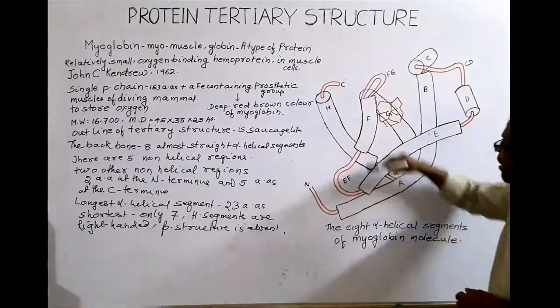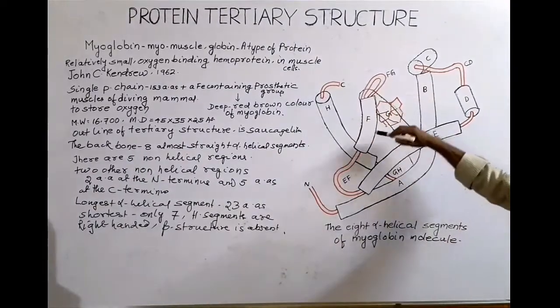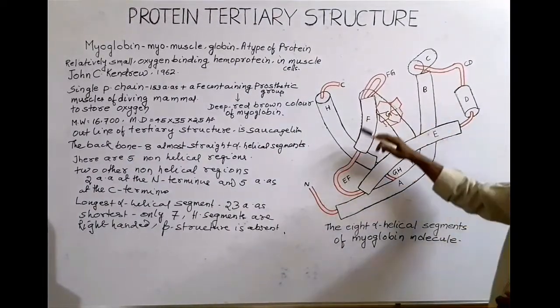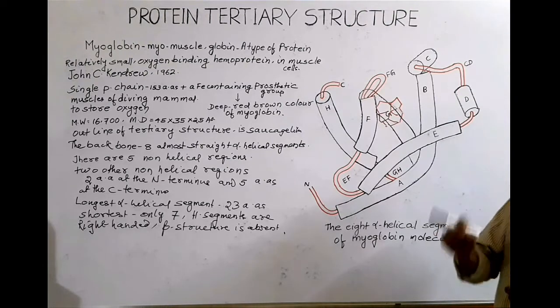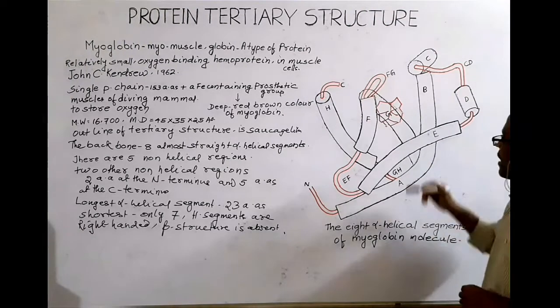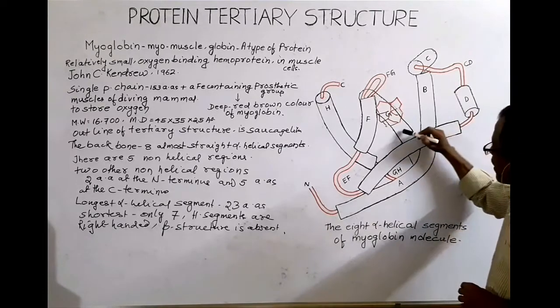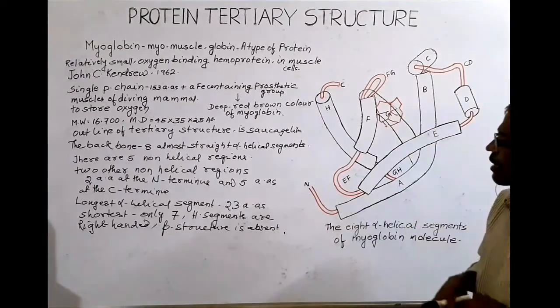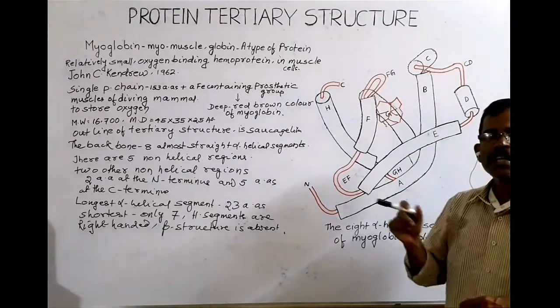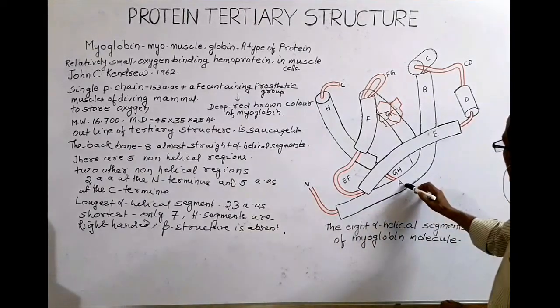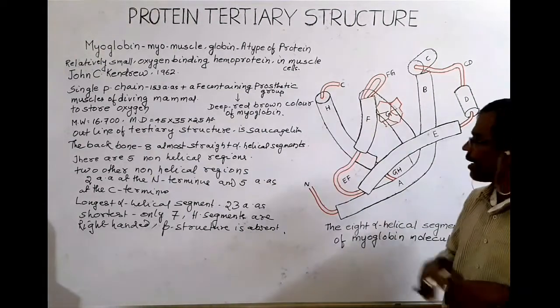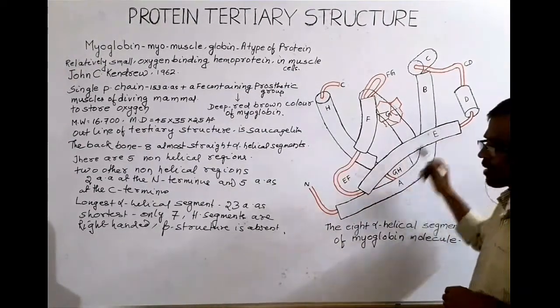Friends, this diagram explains the tertiary structure of myoglobin. The backbone of myoglobin consists of almost straight 8 alpha helical segments. These are the alpha helical segments. The 8 segments are designated from the end terminals as A through H, and these 8 segments are right-handed.